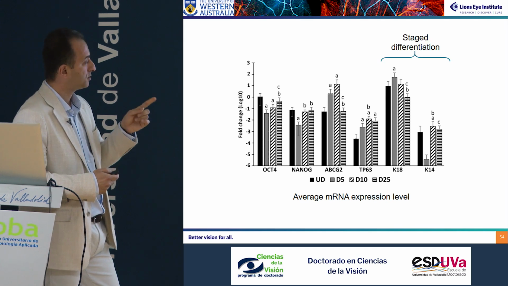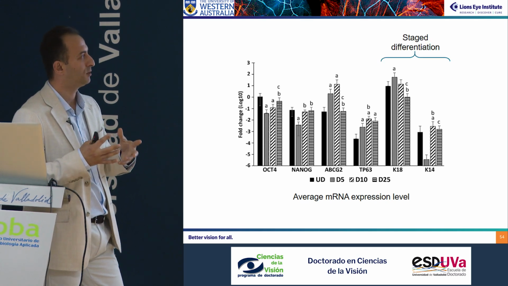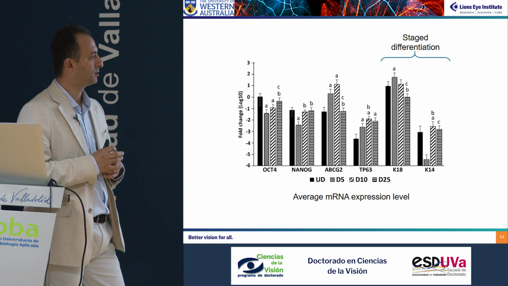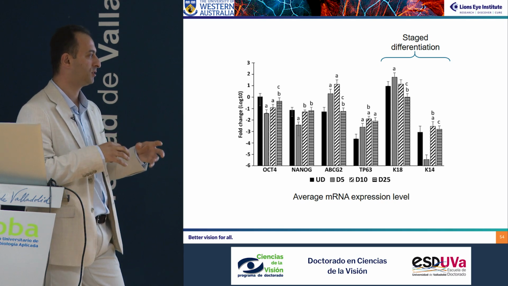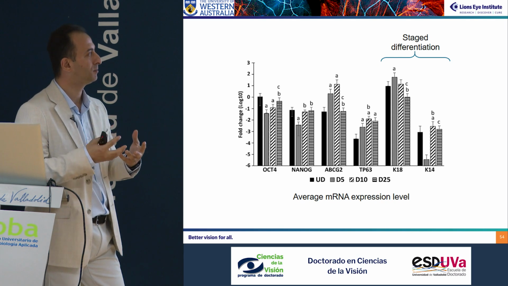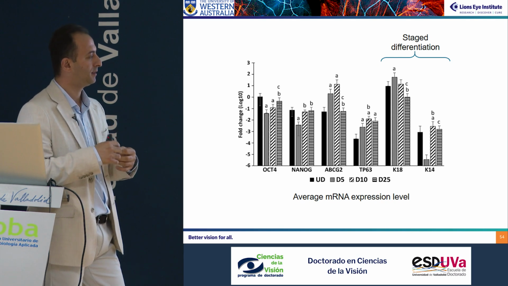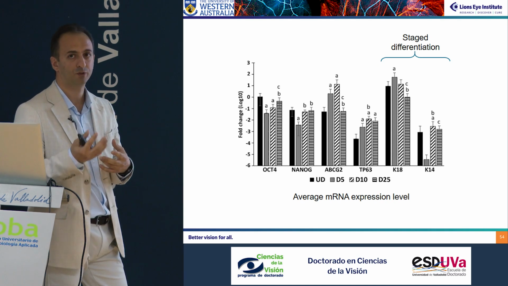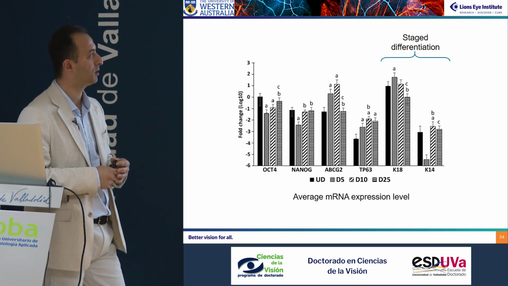But one thing that was interesting is that in human embryology, when the ocular surface is being made, they first express cytokeratin 18, which is a primary simple epithelial marker, and later they express cytokeratin 14, which is a stratified epithelial marker.